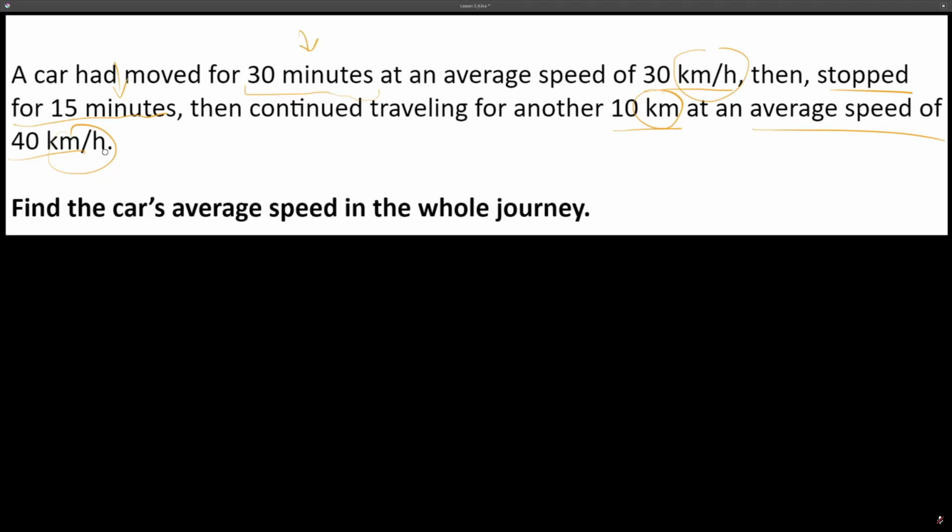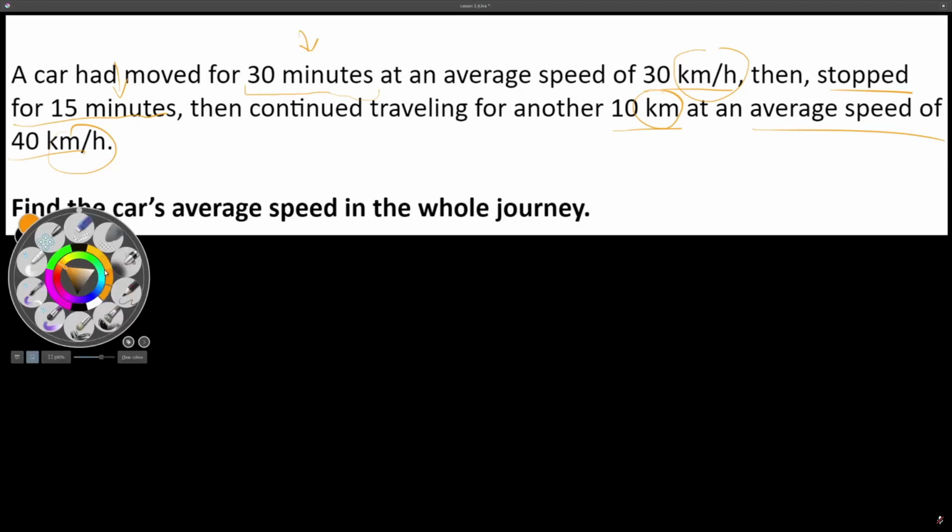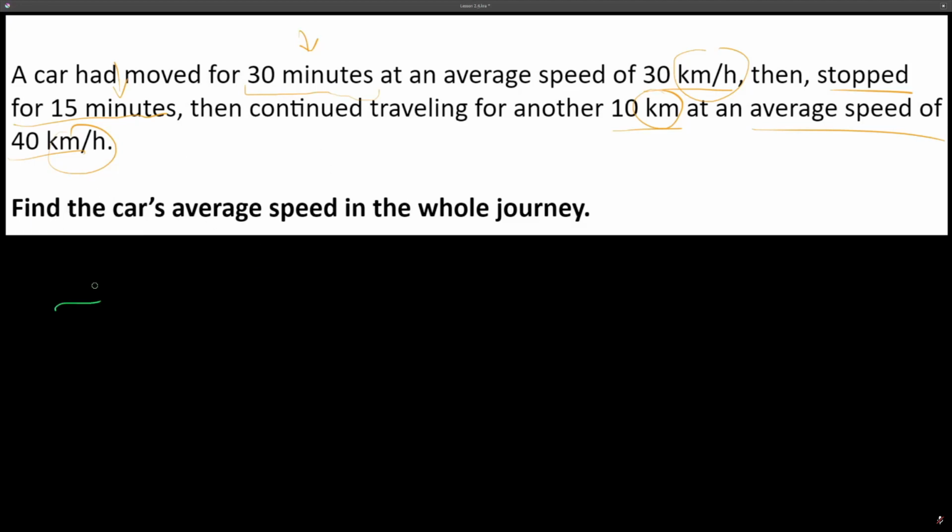Let's just draw this journey first. This car had moved for 30 minutes, or let's just convert it into hours. So it's 30 divided by 60, which is 0.5 hours, at an average speed of 30 kilometers per hour.